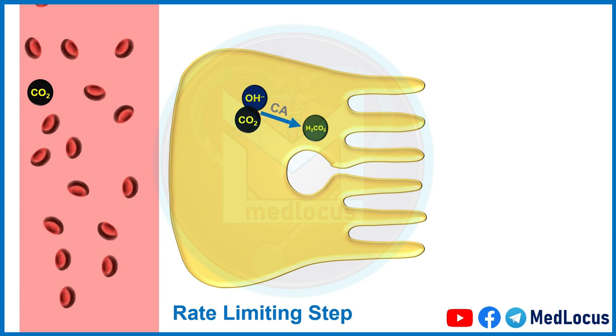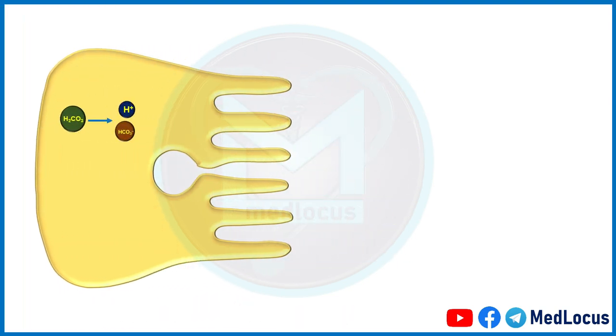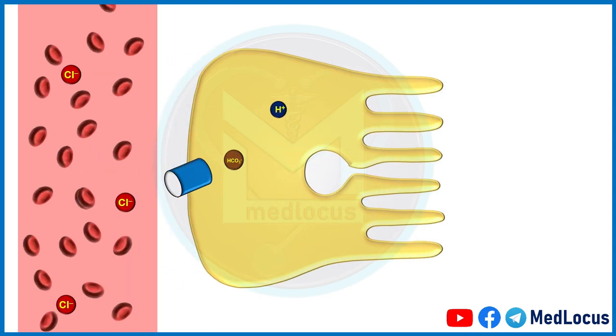The carbonic anhydrase enzyme catalyzes the rapid combination of OH- with CO2 to form carbonic acid, that is H2CO3. Again, the carbonic acid dissociates into bicarbonate ions, that is HCO3-, and hydrogen ions, that is H+ ions. Now, HCO3- ions, that are bicarbonate ions, are transported out of the parietal cell into the blood in exchange for chloride ions.